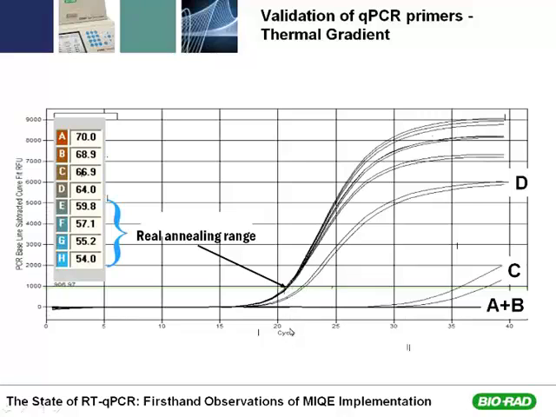And all the rest of the curves converge at the lowest CT, which in this case is 21 CTs, defining the optimal range of annealing temperatures for those particular primer pairs, being from 54 to 60.